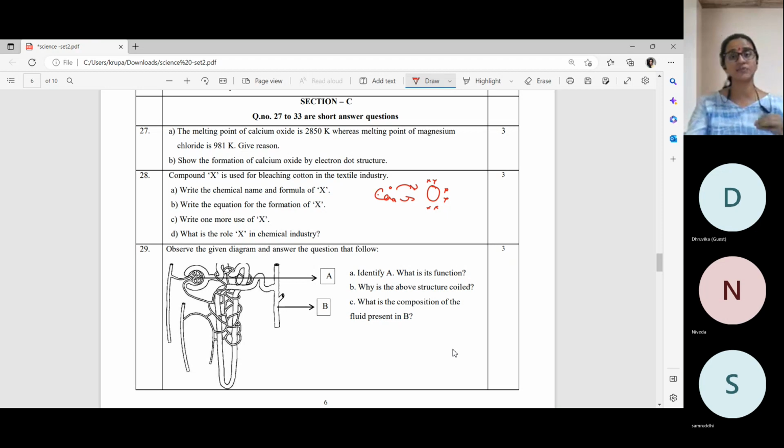So this gives rise to a stronger ionic bonding because of the higher charges involved. This is a 2 plus and this is a 2 minus.